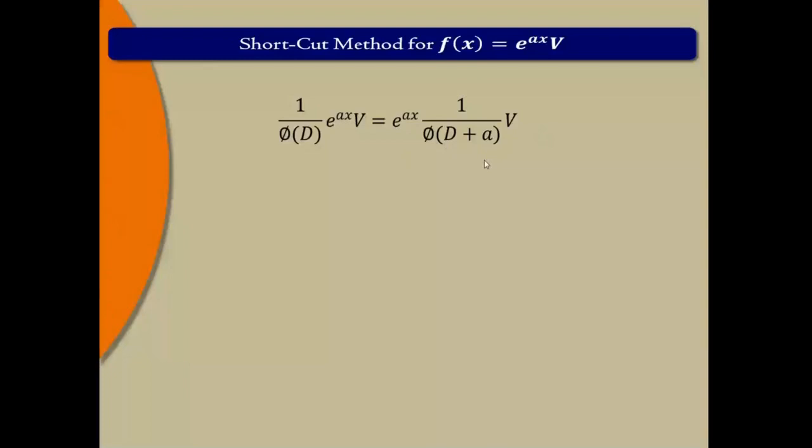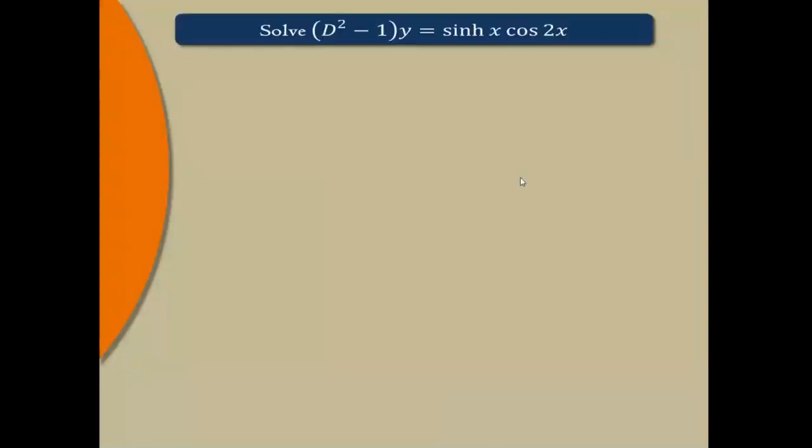Okay, so consider the problem on this. D square minus 1 y is equal to sinh x into cos 2x, hyperbolic sine x into cos 2x. Again, y will be yc plus yp, complementary function plus particular integral. Write down the auxiliary equation, d square minus 1 is equal to 0. Then find the roots of it.